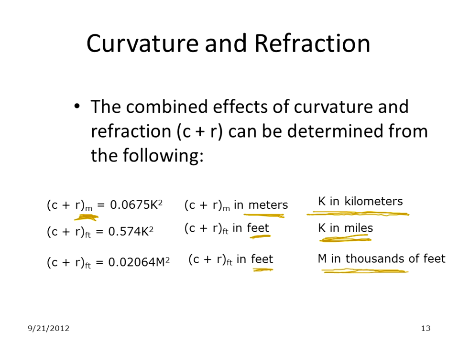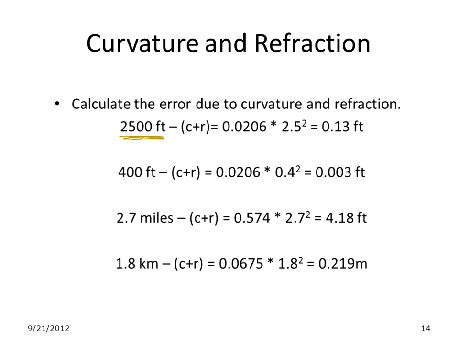Well, we have feet, so let's go back and look. We can use this one, or we can convert our feet to miles if we wanted. So, going forward, 0.0206 times, remember M is in thousands of feet, so we have 2.5 thousands of feet squared. So the error due to curvature and refraction is essentially a little bit more than 1/10 of a foot, 0.13 feet.